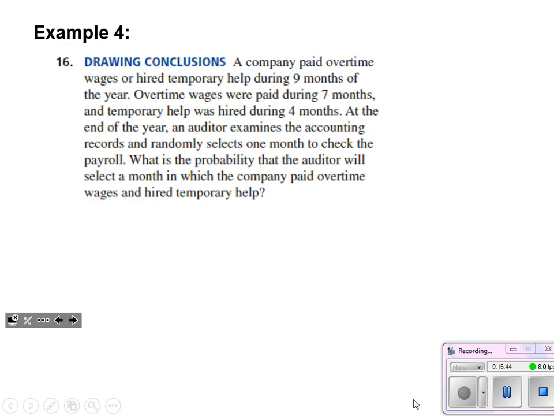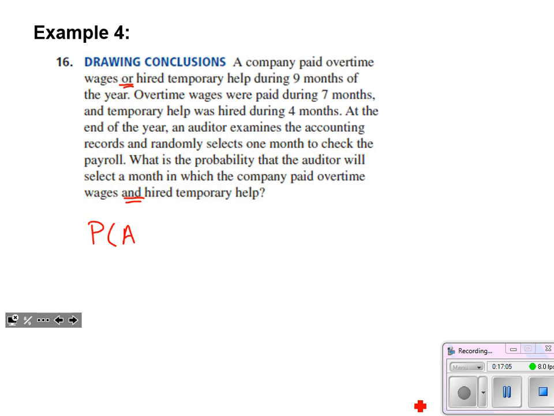Now, I like this because the interpretation is a little bit trickier. Okay, we do see the word or, but we also see the word and. So we're probably thinking, do I add them up? Do I multiply them? What am I doing here? So let's just start with our or situation.